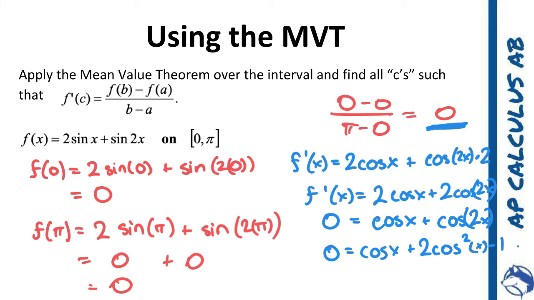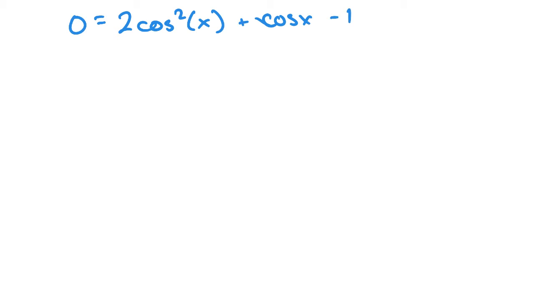So now what I want to do is I want to reorder this. So I'm going to say 0 is equal to 2 times the cosine squared of x plus the cosine of x minus 1. And so I'm going to start a new page here. So 0 equals 2 cosine squared of x plus cosine of x minus 1.